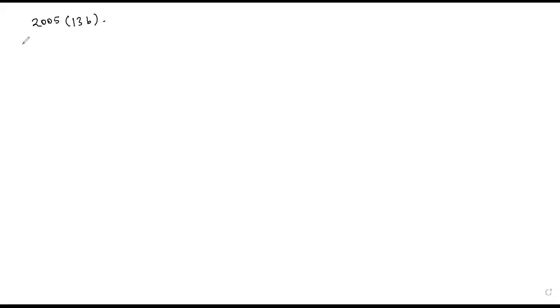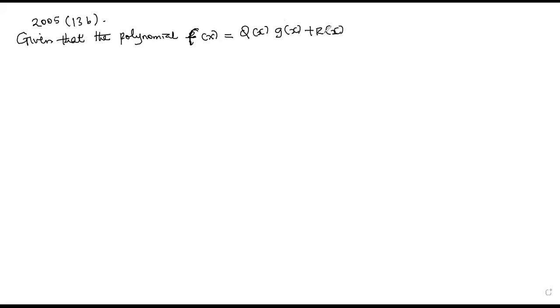The question is, given that the polynomial fx is equal to 2x times gx plus rx. The moment you see rx means that the divisor will be a quadratic one, where qx is the quotient.